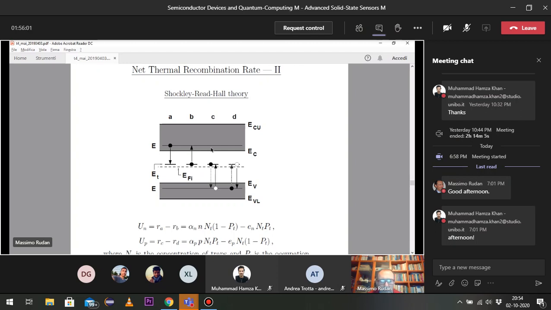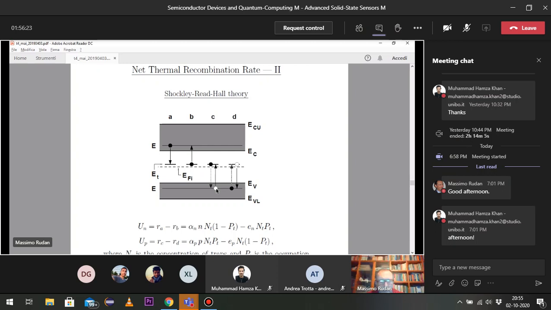Then we have events of type C, in which one electron initially belonging to a trap makes a transition into an empty state of the valence band. This is also described as a transition in the opposite direction of a hole.